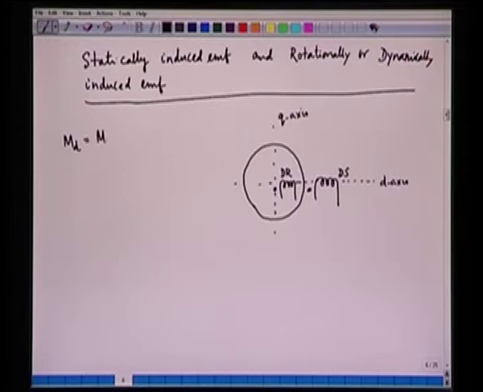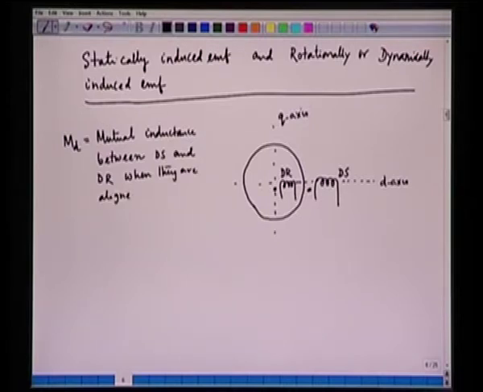MD is the mutual inductance between DS winding and DR winding when they are aligned. When the two windings are aligned, let us say that the mutual inductance is MD. So this inductance between these two is capital M subscript D.